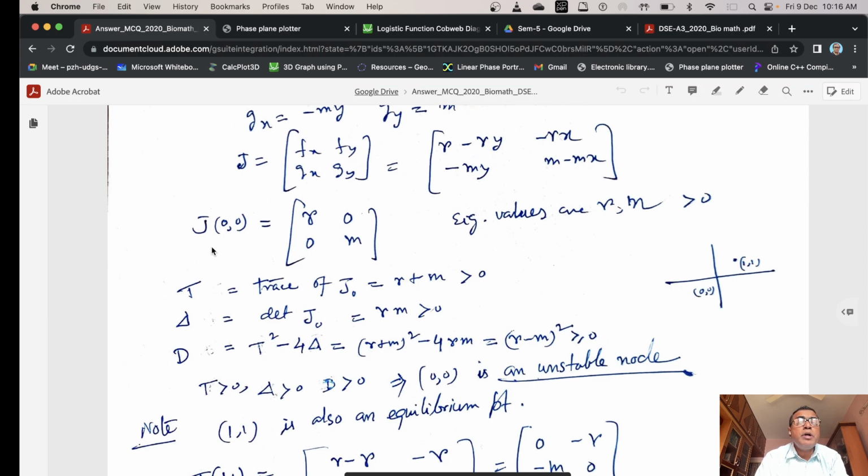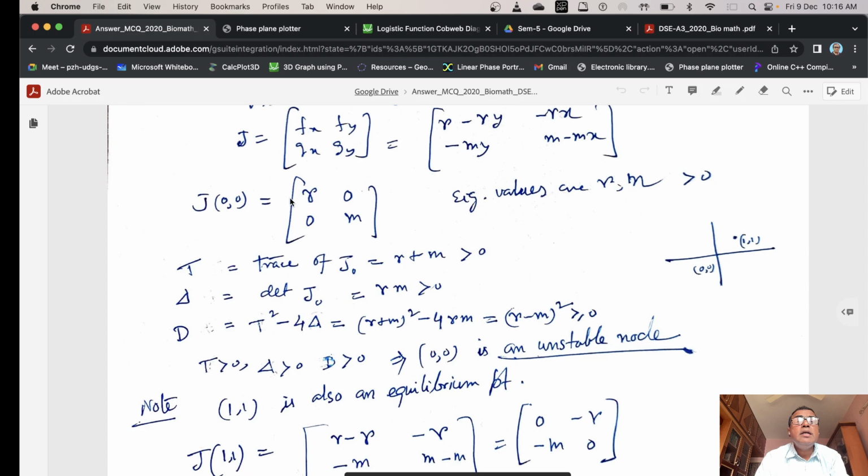For the trivial equilibrium point (0,0), we put x equal to 0 and y equal to 0. So we get the 2 by 2 Jacobian matrix at the point (0,0): r, 0, 0, m. Obviously this is a diagonal matrix, so the eigenvalues are r and m, and r and m are positive parameters, so both are positive.